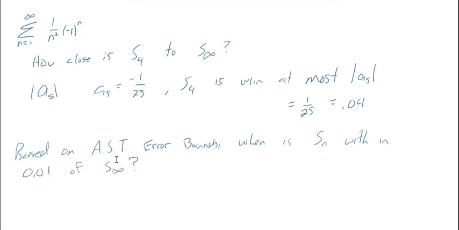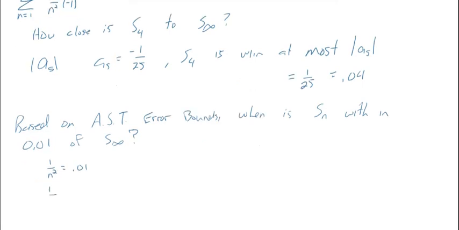What we can do is take the non-alternating piece, which would be 1 over n squared, and set that equal to 0.01. Sometimes it's a little bit more work to figure these out, and we can punch them into calculators. But what I can do is write 1 over n squared equals 0.01, which is the same as 1 over 100.